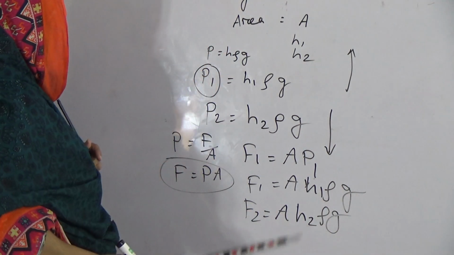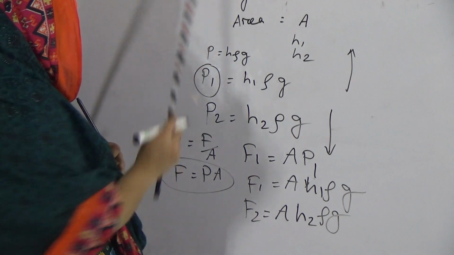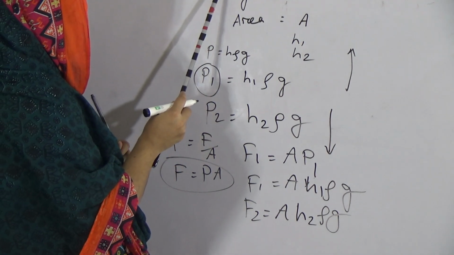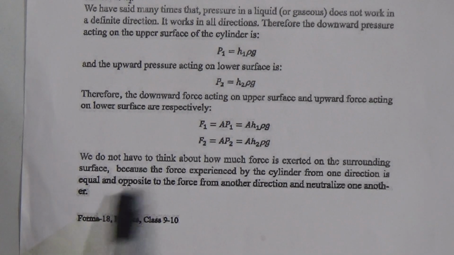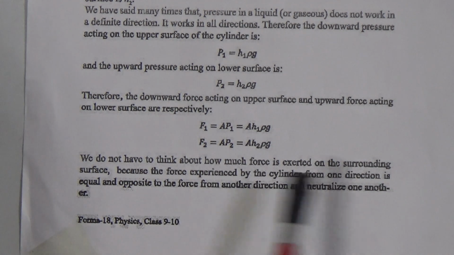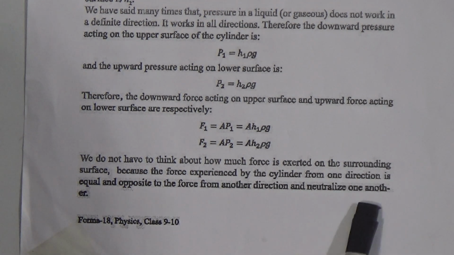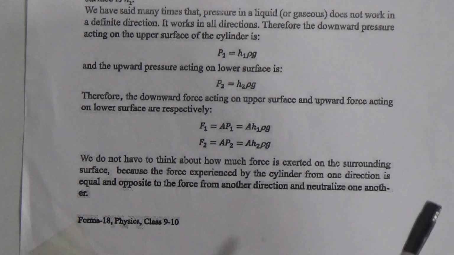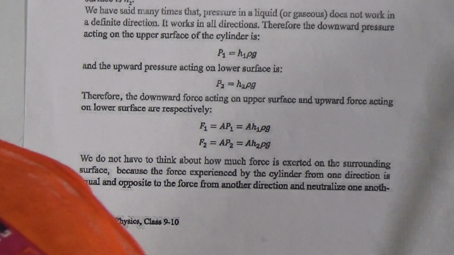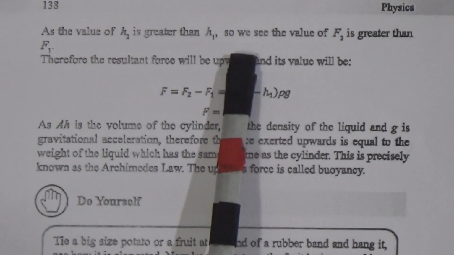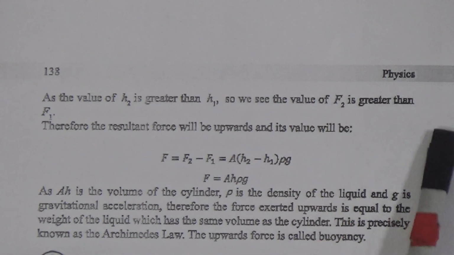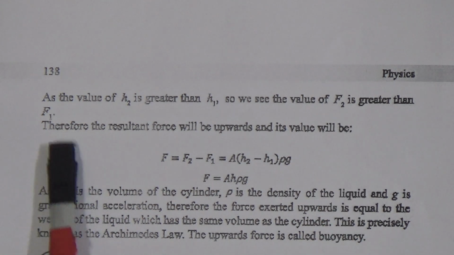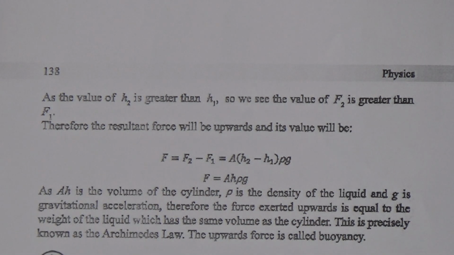We do not think about the force exerted on the surrounding surface, because the force experienced by the cylinder from one direction is equal and opposite to the force from another direction and they neutralize one another. Then as h2 is greater than h1, we see that the value of F2 is greater than F1.